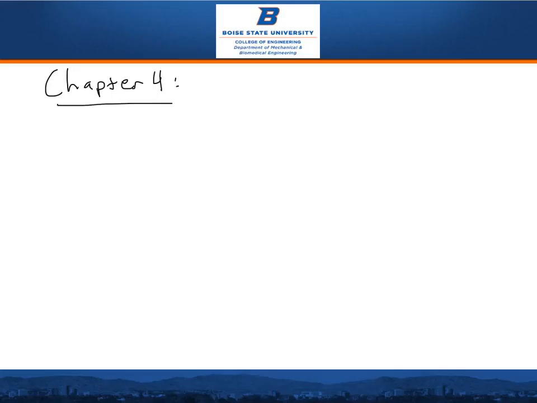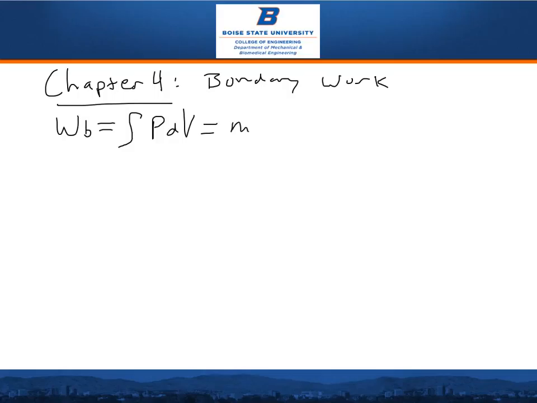Okay, so the first main subject that we touched on in this chapter was boundary work, which I'm going to denote by WB, and that is equal to the integral of P dV, which is equal to m, mass, times the integral of P dv, depending on which variables you're given.